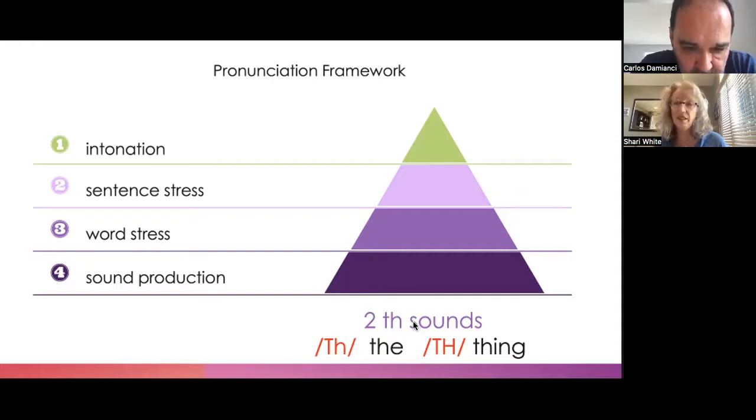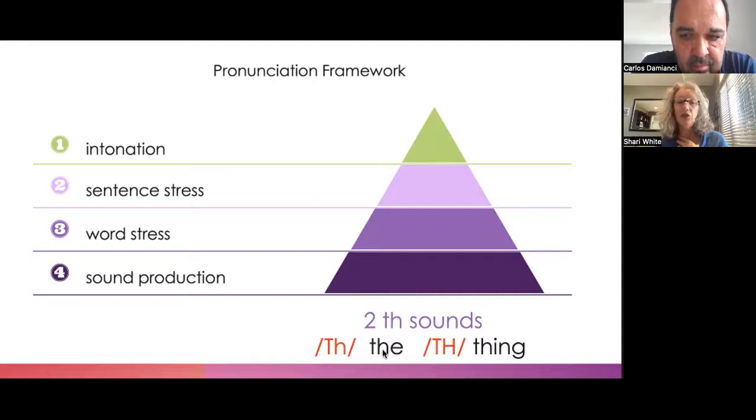They're spelled exactly the same, but we actually make two different sounds, and I'm representing them two different ways. The first one, with the capital T and the lowercase h, is the sound that you produce when you say the word the.